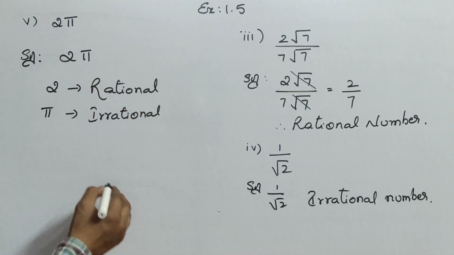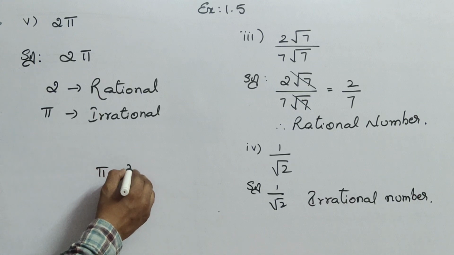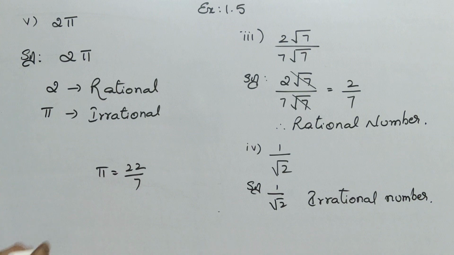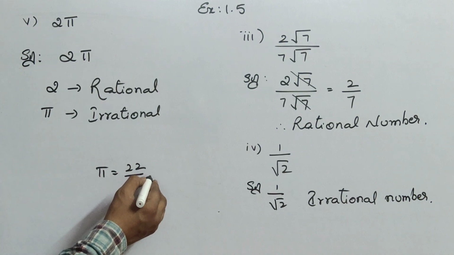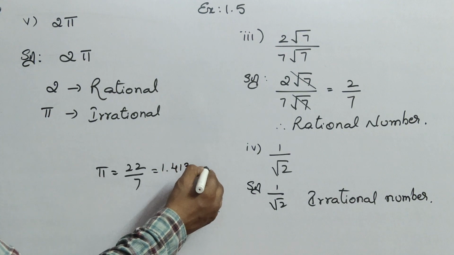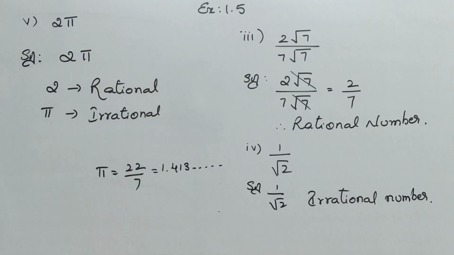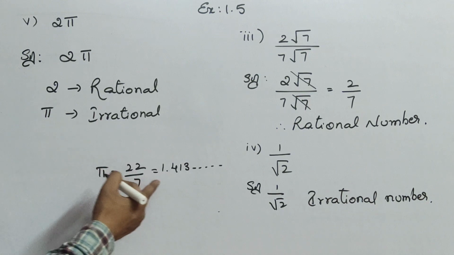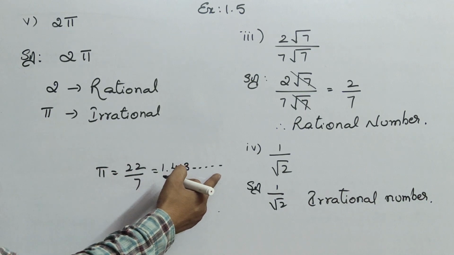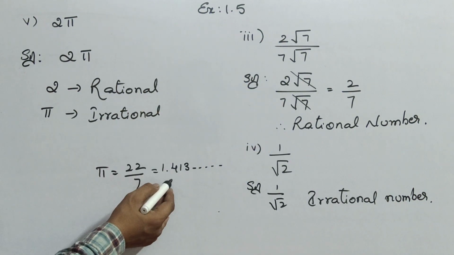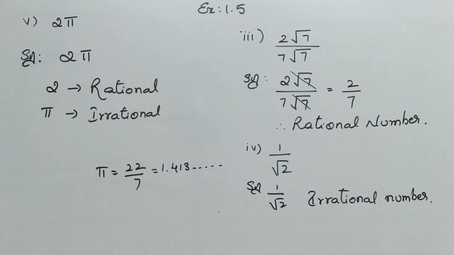Because pi can be written as 22 by 7, no children. Pi is 22 by 7. When you do division, you get 3.14, and so on like that. Understood? It never ends with 0. It keeps on coming like that.